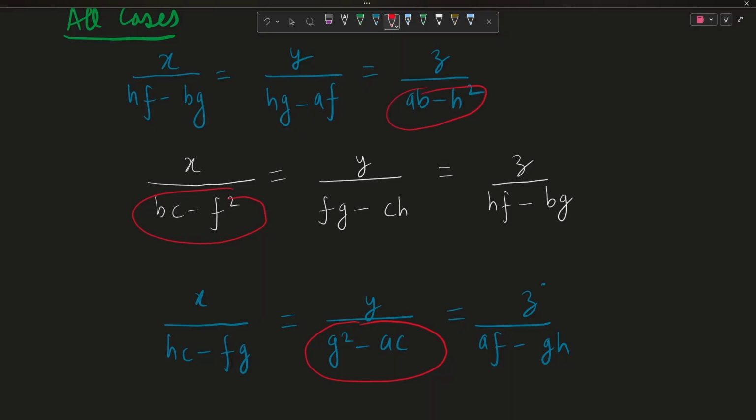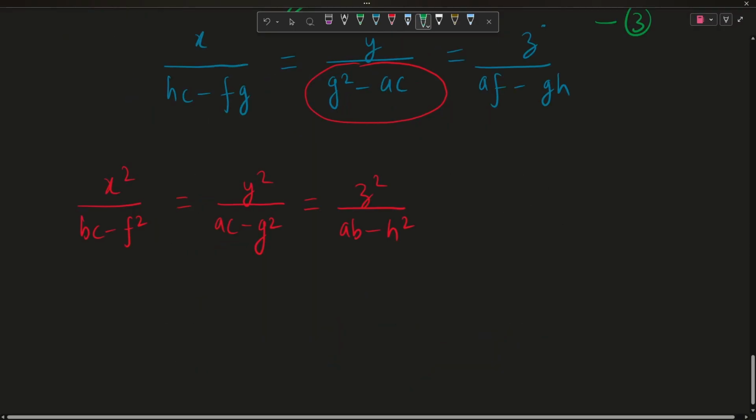So the only thing which we have to do is consider the values z upon ab minus h square, x upon bc minus f square, and y upon g square minus ac, equal to the other two ratios in each respective equation. What I mean to say is that now we need to prove this set of equations.